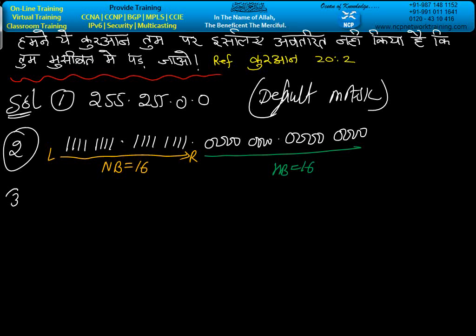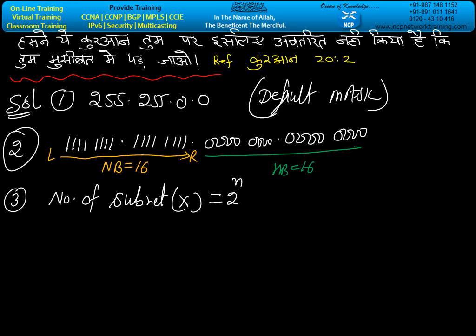In step number 3, we will apply the formula for number of subnets, and the formula is x equal to 2 to the power n. In case of class C, the value of n we can take from 0 to 6, while in case of class B, the value of n we can take 0, 1, 2, up to 14.